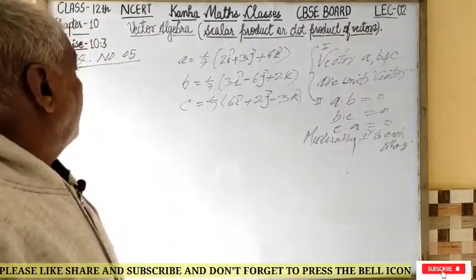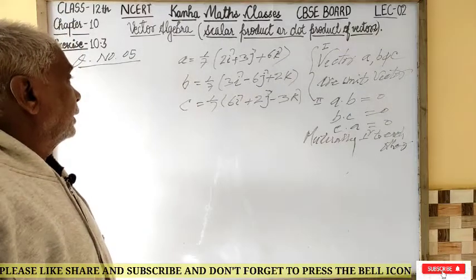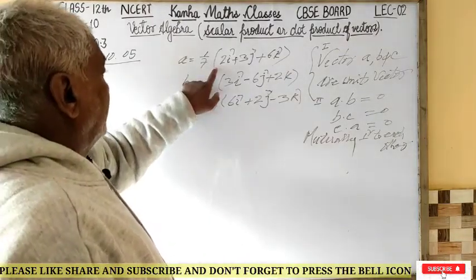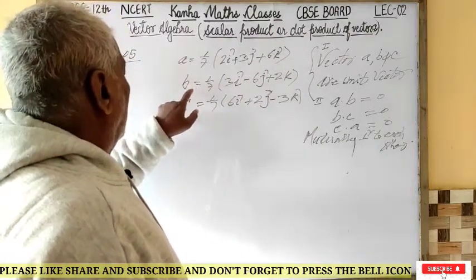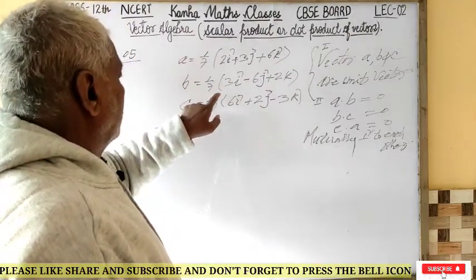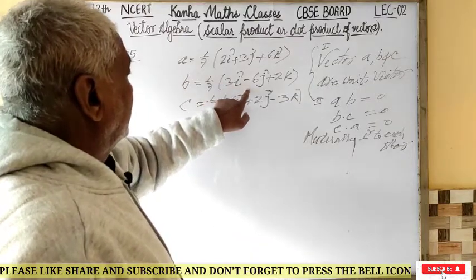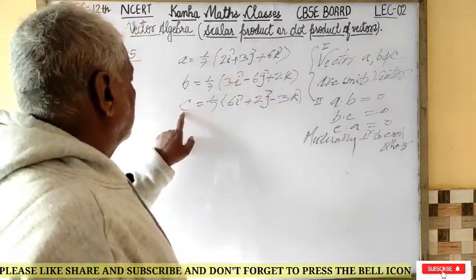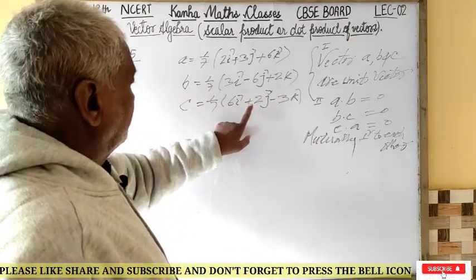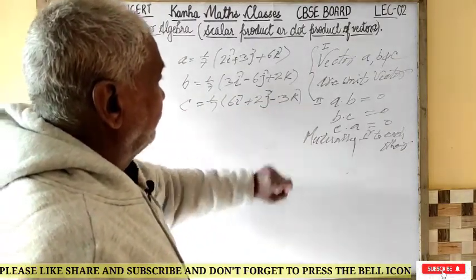In question number 5, we are given three vectors: A is equal to 1 by 7 into 2i plus 3j plus 6k, vector B is equal to 1 by 7 into 3i minus 6j plus 2k, and the third vector C is 1 by 7 into 6i plus 2j minus 3k.